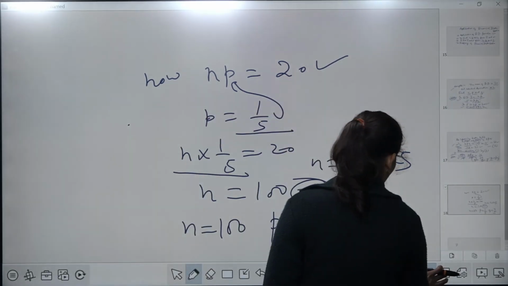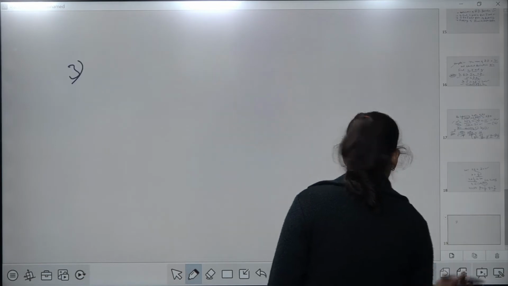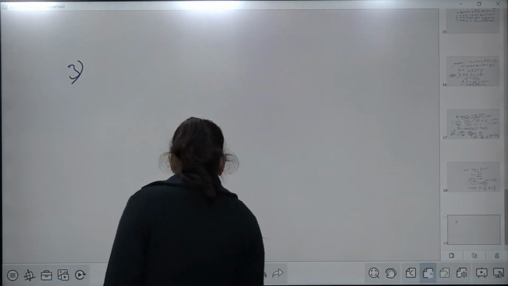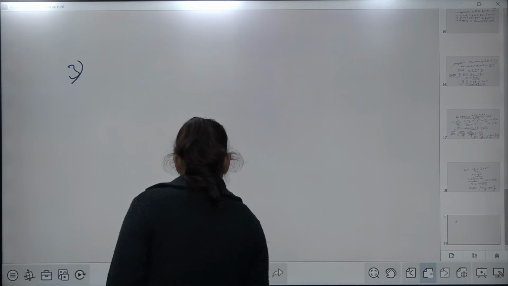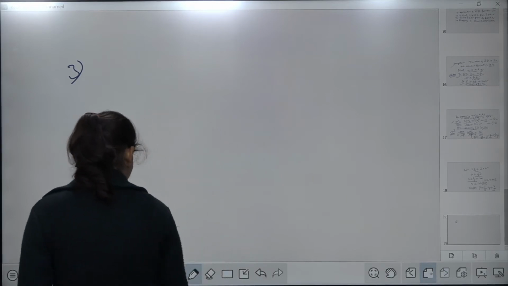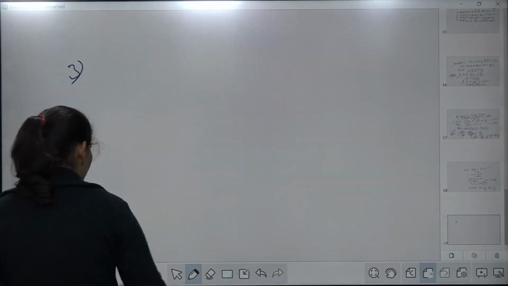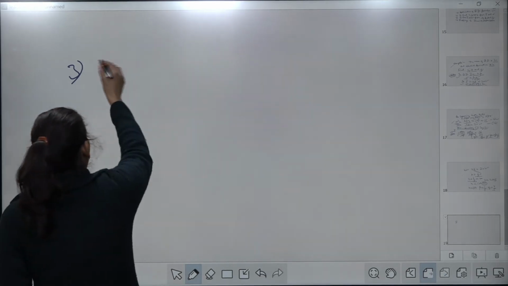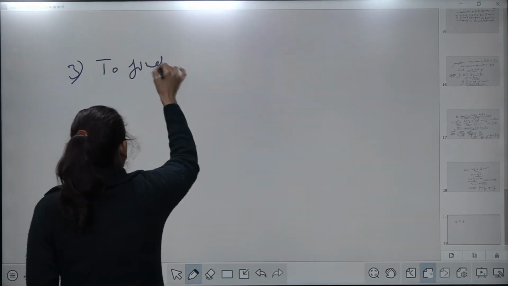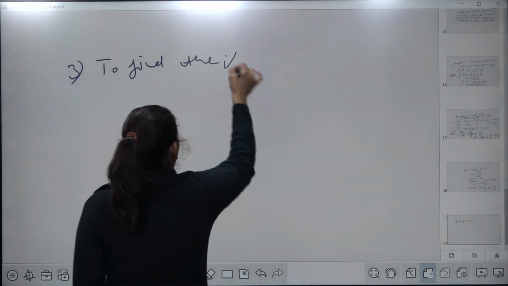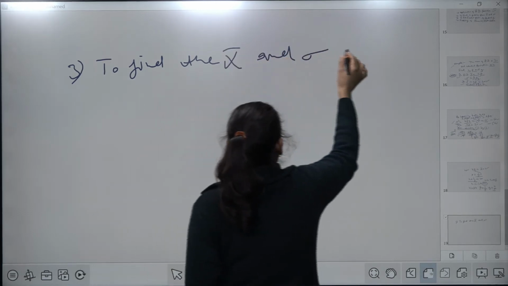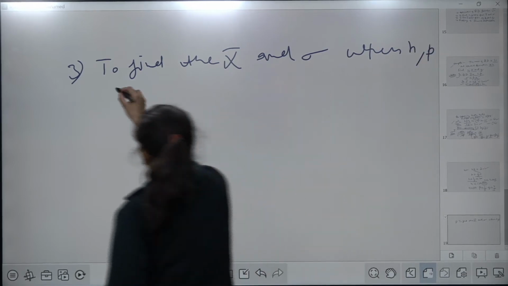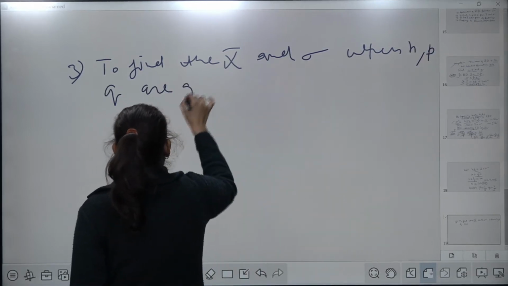So, in the third application, we will be given the values of N, P, Q, and we have to find out the value of mean and standard deviation, right.